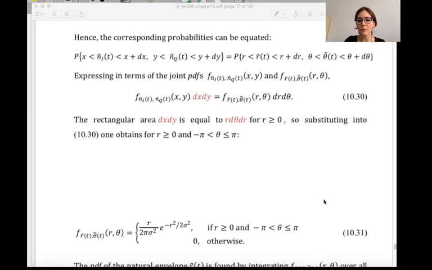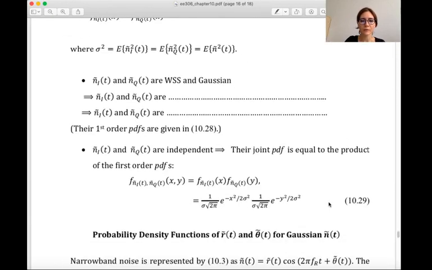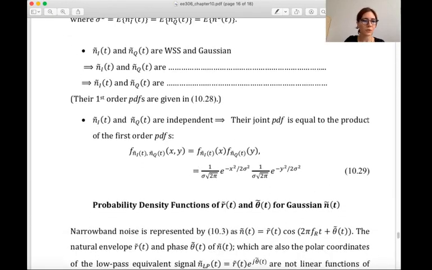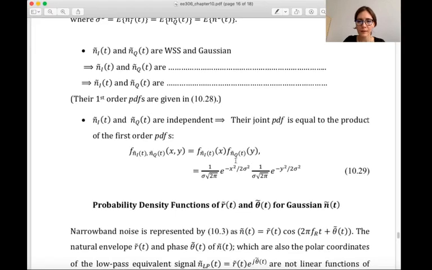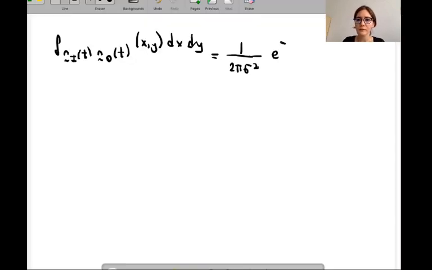Remember the joint density we already derived in the previous section. So this is the joint density we have. This is 1 over 2 pi sigma squared, because two roots get multiplied. And then e to the minus, well, this x squared term gets summed up with the y squared term. So e to the minus x squared plus y squared, divided by 2 sigma squared, and then the dx dy term.